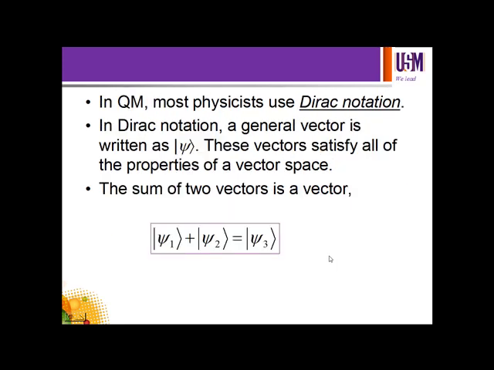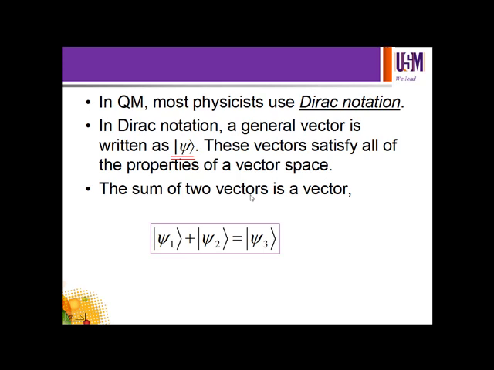In quantum mechanics, most physicists use Dirac notation. Yes, the angular bracket is being used. In Dirac notation, a general vector is written with a bar before and an angular bracket after a vector or wave function.